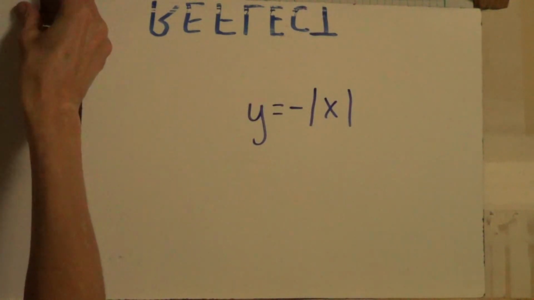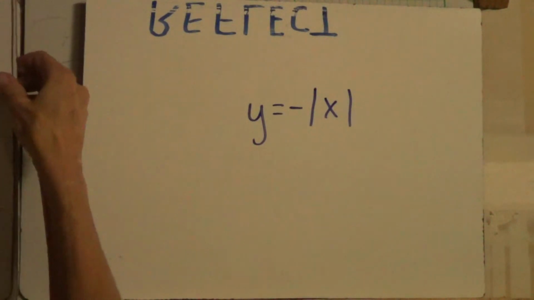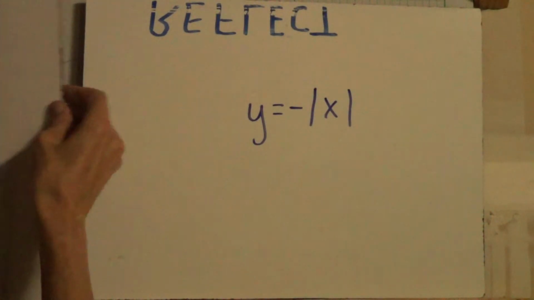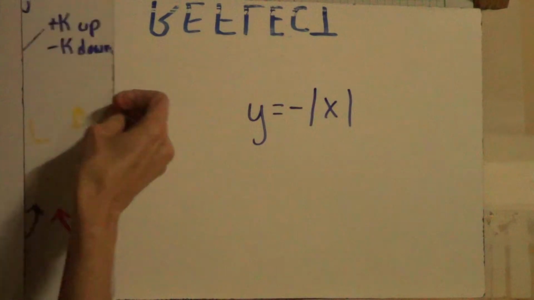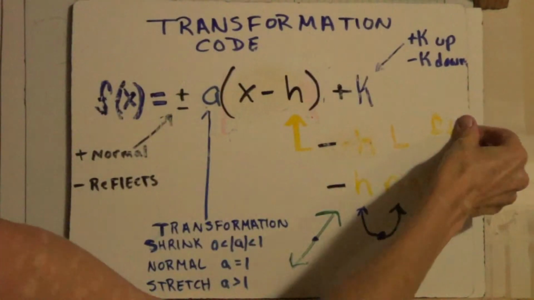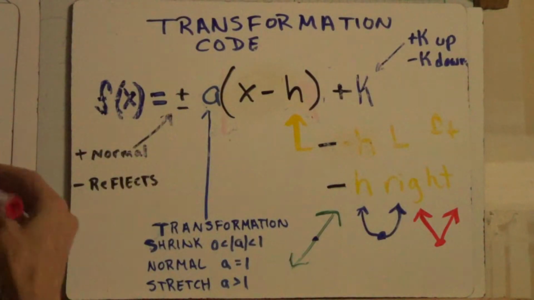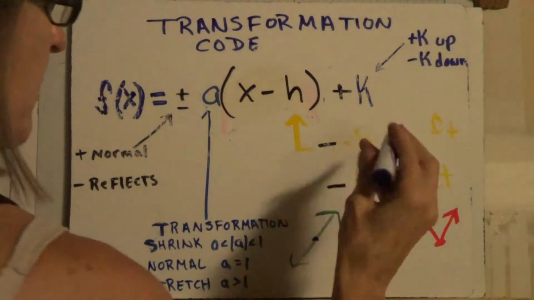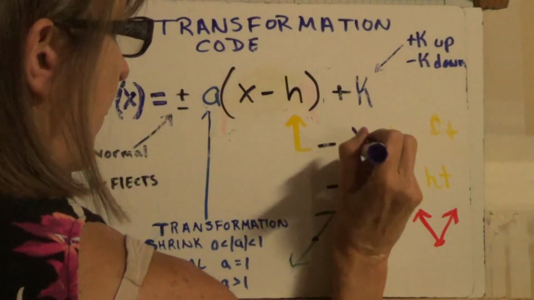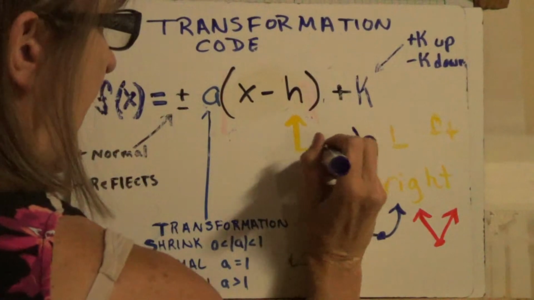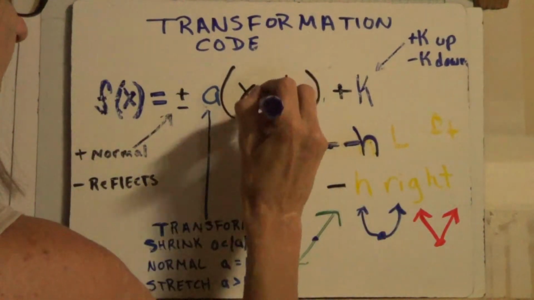So when you come into class and I'm holding up the board asking you to move in the direction I say, make sure that you have this in your notes. And remember that when we plug in the negative h to go left, that negative and that negative make it look like a plus.